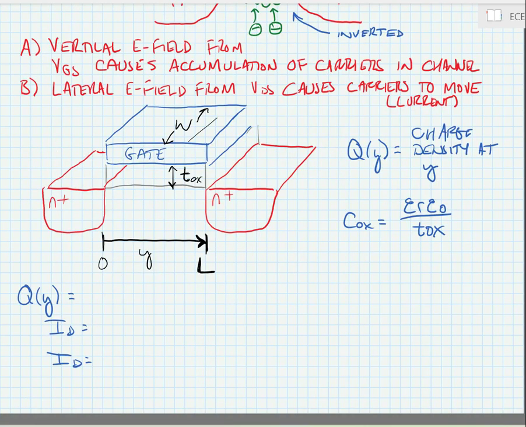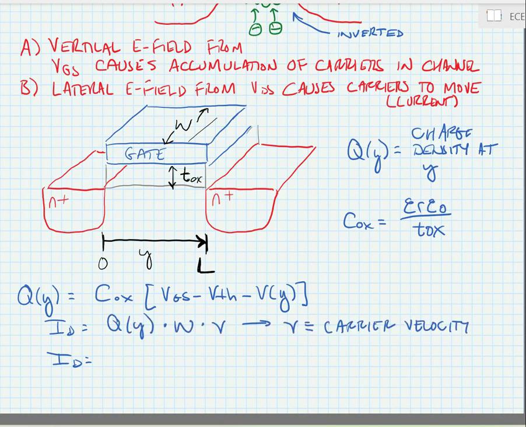Now we know that charge is the product of the capacitance times the voltage. So we can say that our charge at position y is the product of C ox times the voltage at position y. Now we know that current that flows is going to be equal to this charge times the total width of the channel, again projecting this into a second dimension, times the velocity of the carrier.